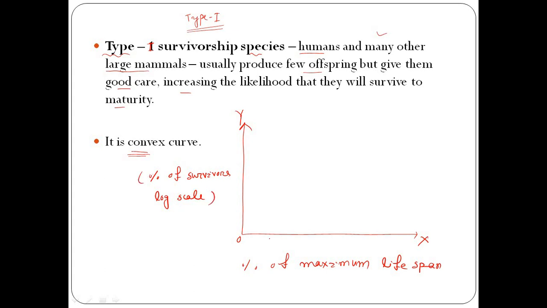This is 50% and this is 100. Here is 1, here is 10, and now 100. We are talking about the type 1 survivorship curve. So the type 1 survivorship curve is convex type. This is what this type of survivorship curve looks like.